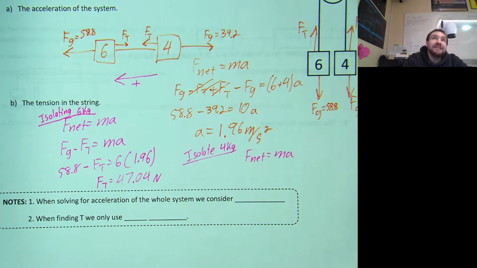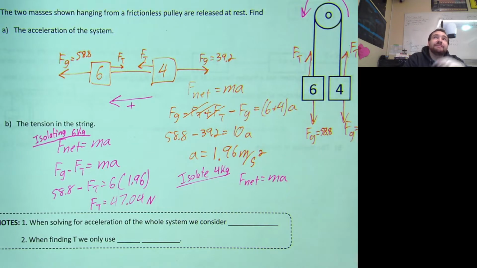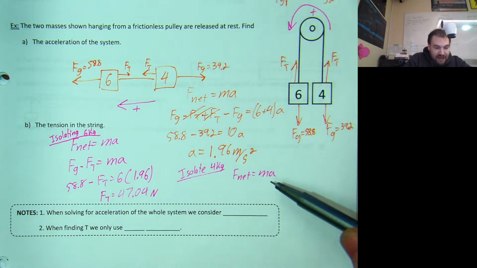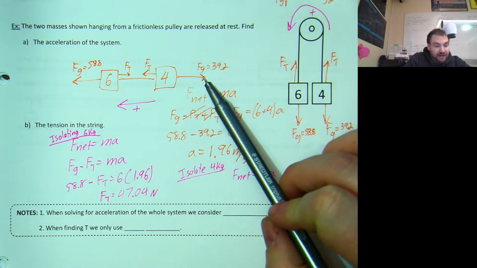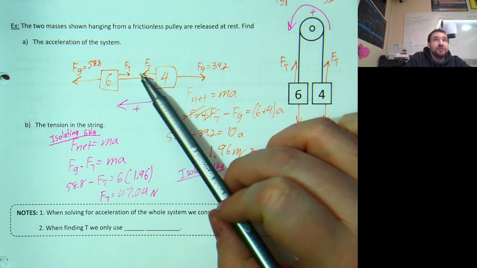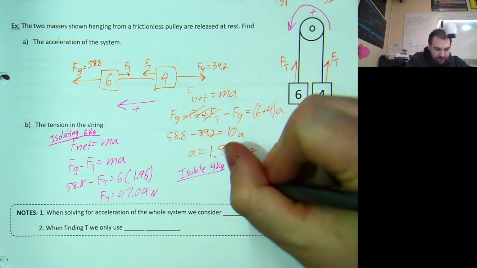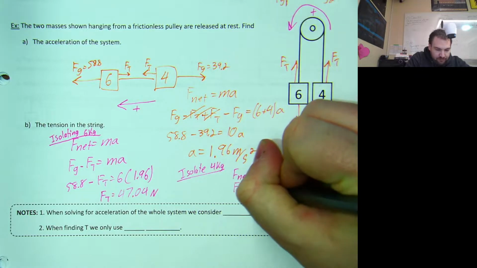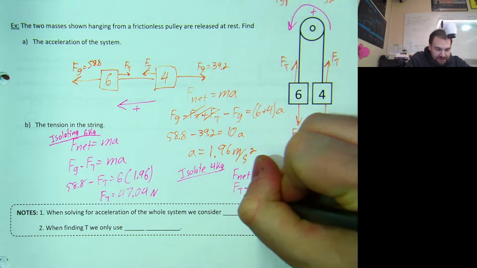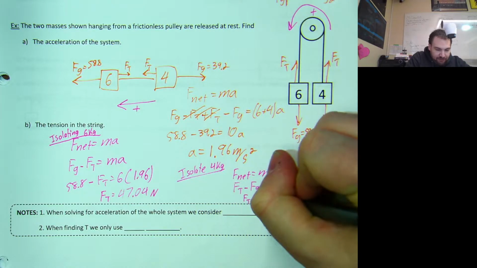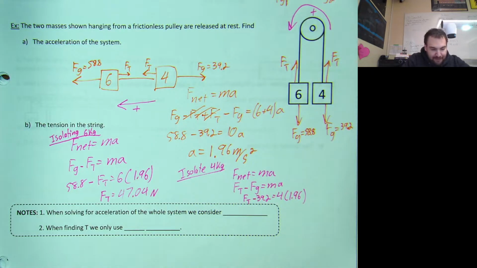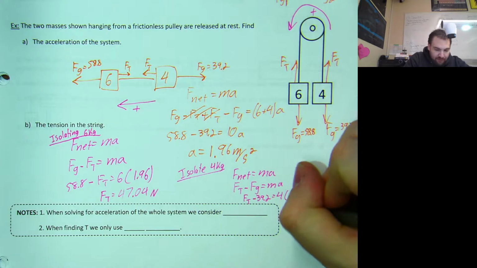Oh, sorry, no, it's not sitting on anything. The tension and gravity. So I've got FG acting to the right. We said that to the left was positive, if you remember yesterday. So this one's going to be FT minus FG equals MA. So FT minus 39.2 is equal to 4 times 1.96.